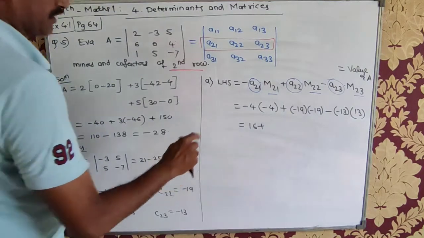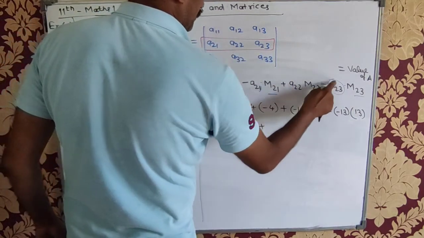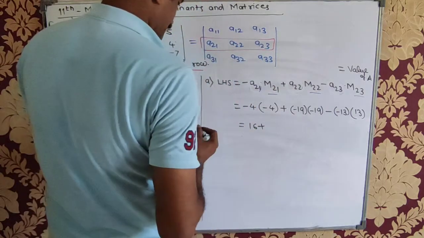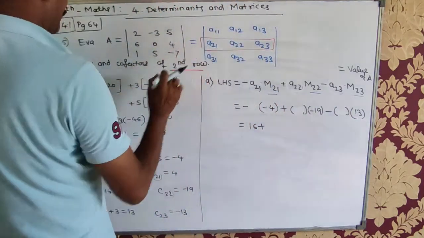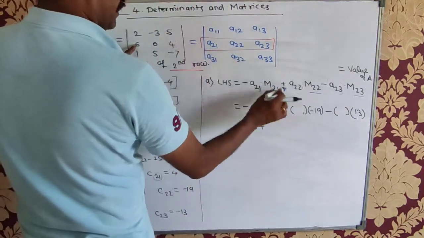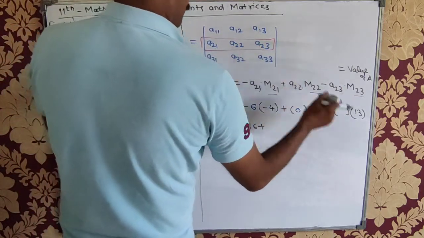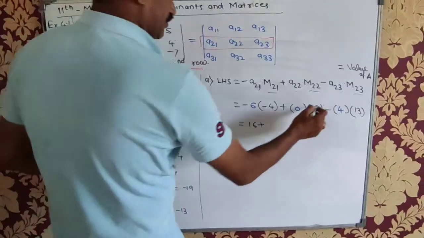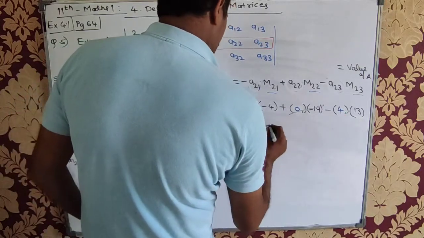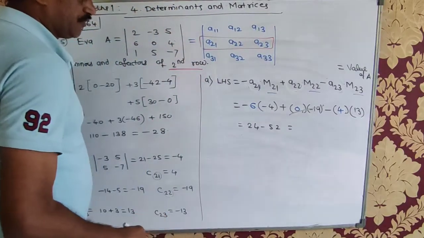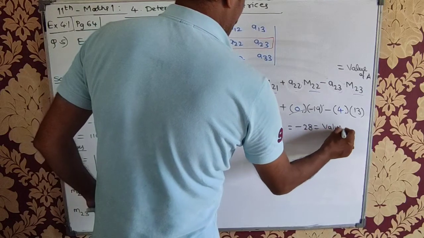These are not the cofactors. These are the element के values. है ना? तो ये element के values होनी चाहिए. तो यहाँ पर क्या होगा? A21 is this 6. A22 is 0. And A23 is 4. So this is gone. So what do you get there? 24, 0 minus 52. So 24 minus 52, that is minus 28. That is equal to value of determinant.